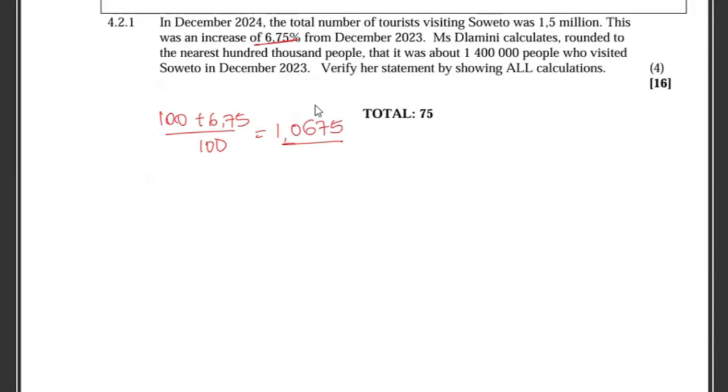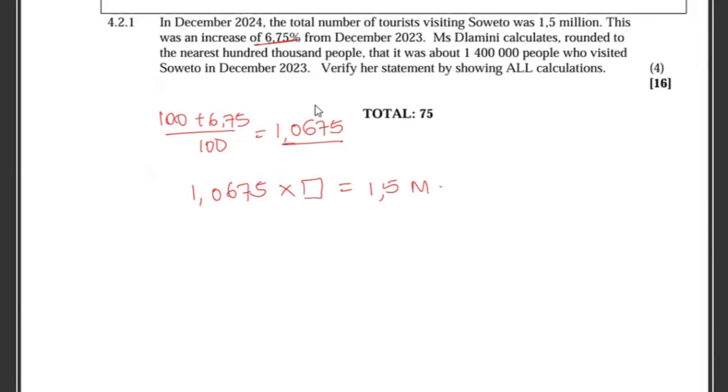Leave it like that. So meaning there's a certain number that increased by that much, and they got the answer as 1.5 million. They're asking us to verify the statement. What are we doing? So it's 6.75% from December.